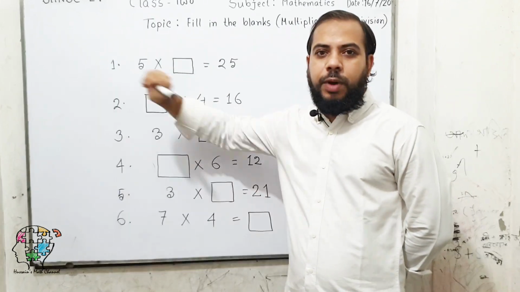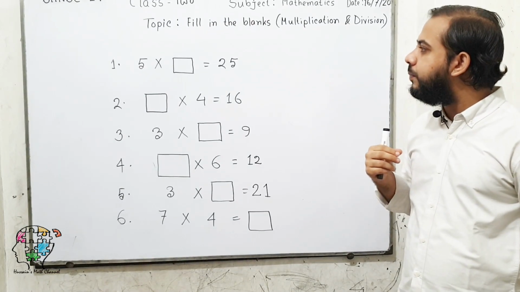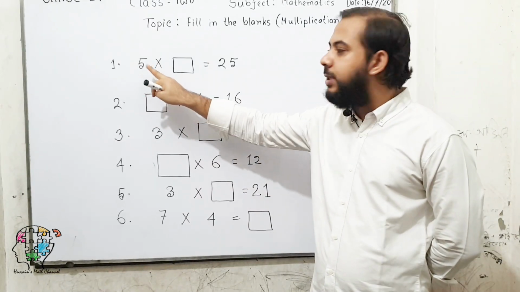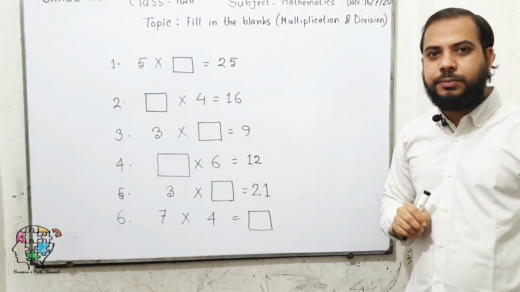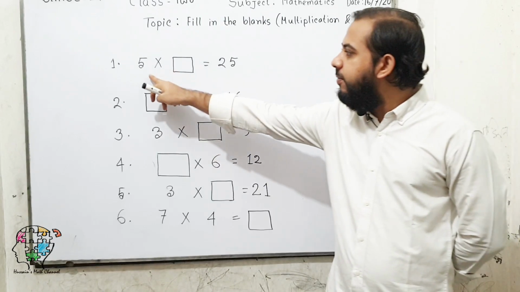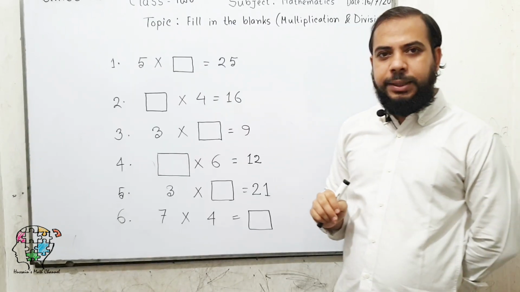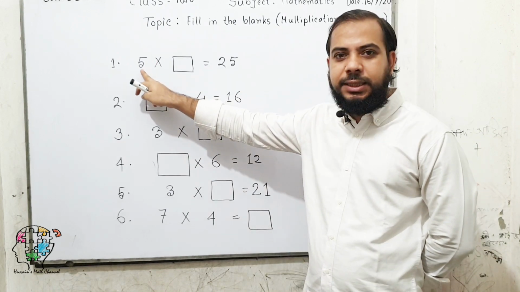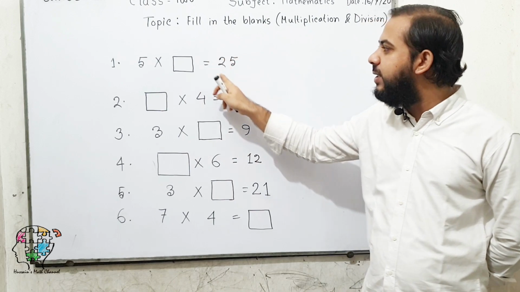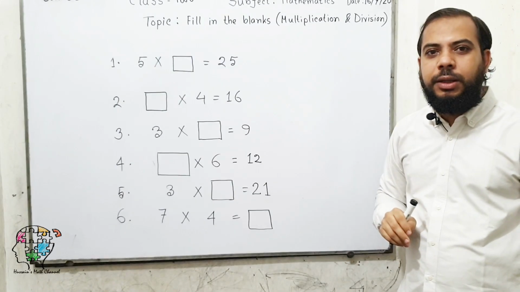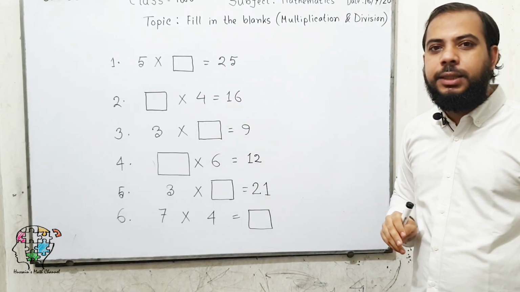At first, question number 1. 5 times blank is equal to 25. So 5 times what will be 25? If we read the multiplication table of 5, we can find out easily for which table it will be 25.